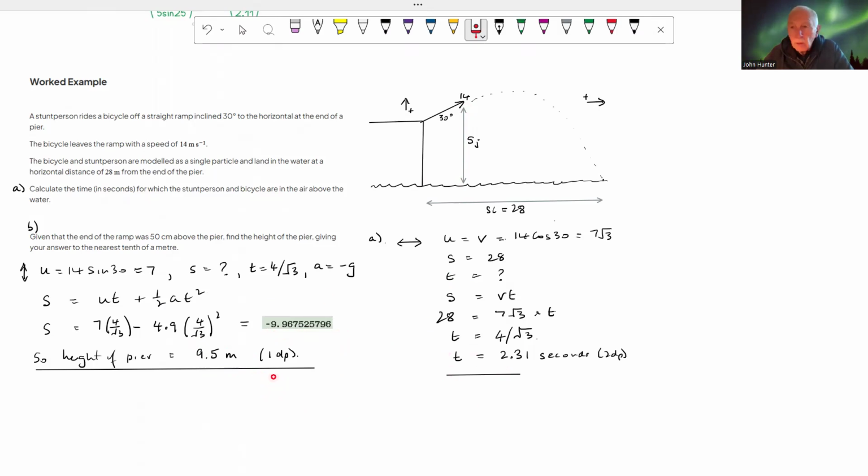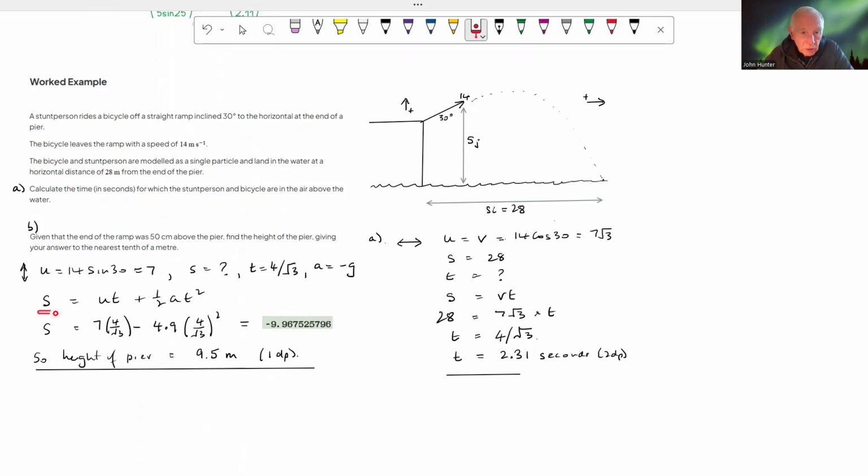Now, we'll see a problem in a moment where we are given the vertical displacement and we have to find the horizontal displacement. If that's the case, we've got to use this in order to find the time of travel.